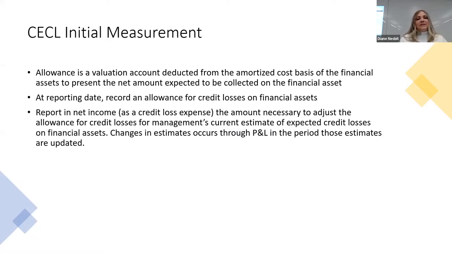At the reporting date, you need to record an allowance for credit losses on financial assets, and that gets reported in net income as a credit loss expense, in the amount necessary to adjust the allowance for credit losses for management's current estimate of expected credit losses on financial assets. So changes in the estimate occur through the P&L in the period those estimates are updated.